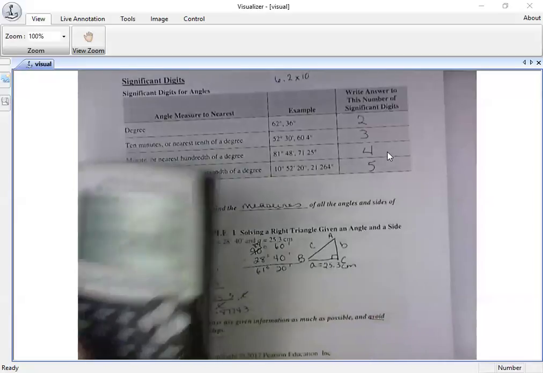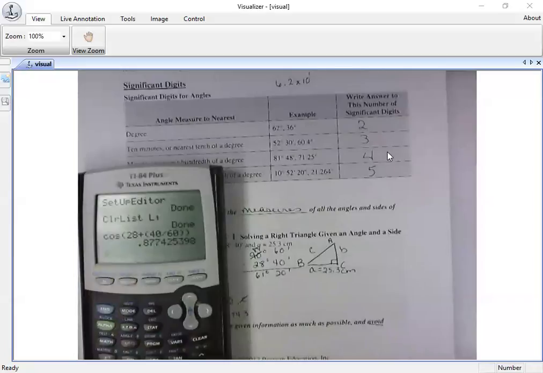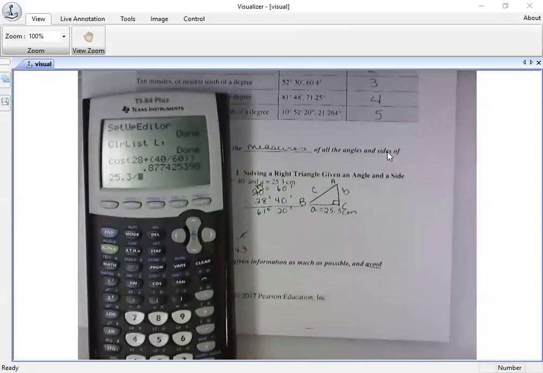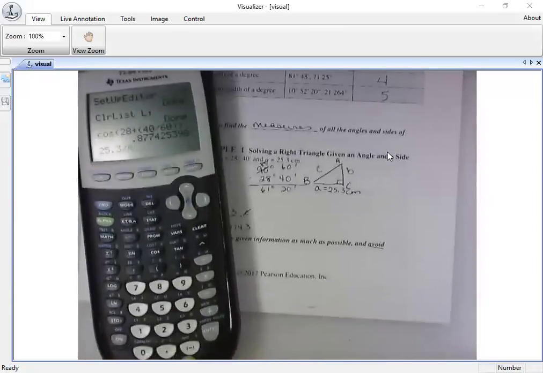So let me show you how you can keep up with all these digits in the calculator if you prefer to do that. I need the 25.3. Notice I haven't hit anything since I just found that cosine value, and I'm going to divide it by, and I want to pull up all these digits. If you don't know how to do this in these calculators, it is so cool. If you notice, above the little negative sign, it says ANS.